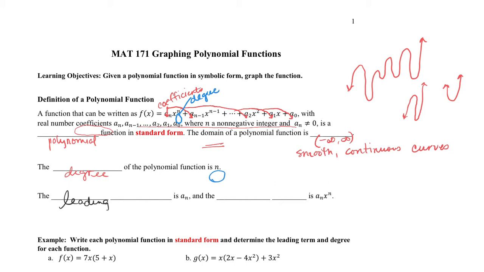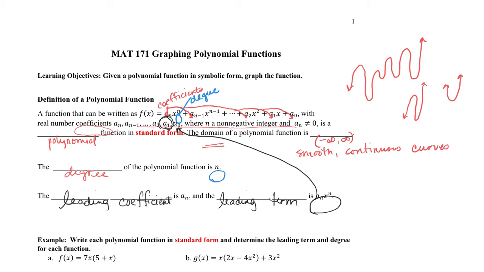The leading coefficient, so that's the number in front of the leading term, is a sub n. And the leading term is a sub n times x to the n, which is my leading term.